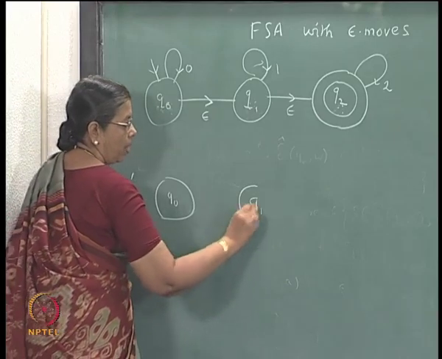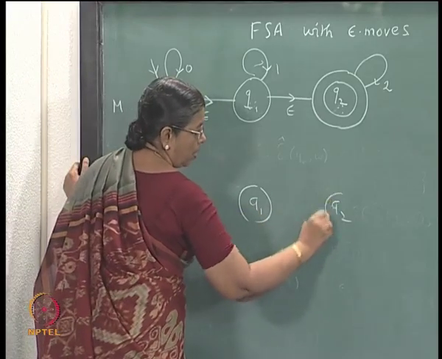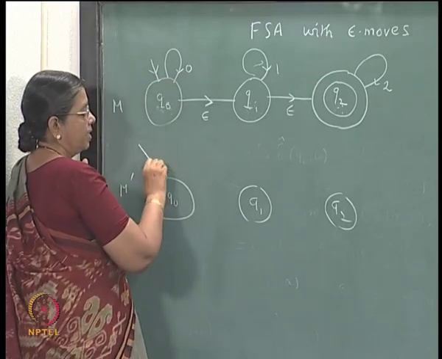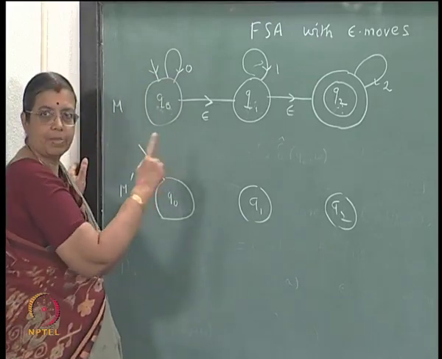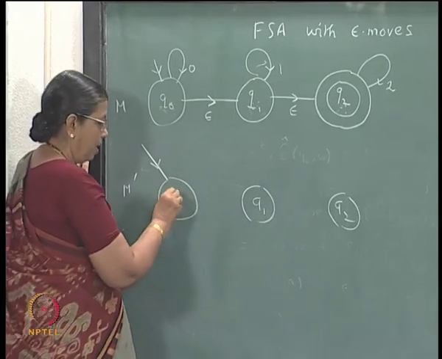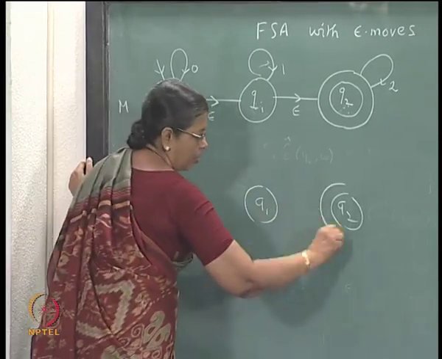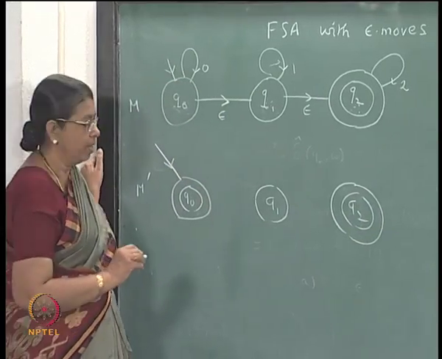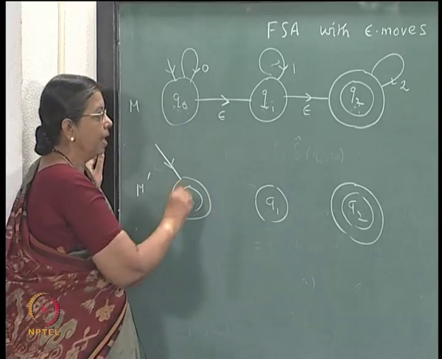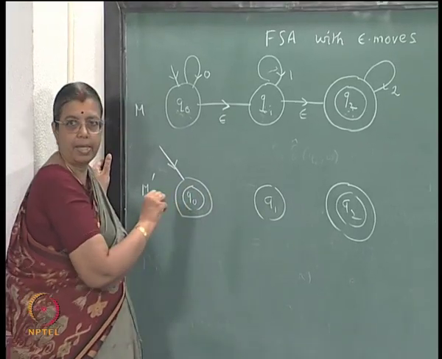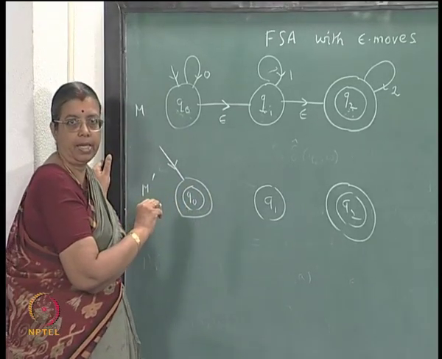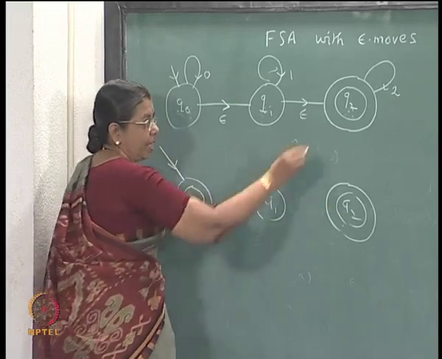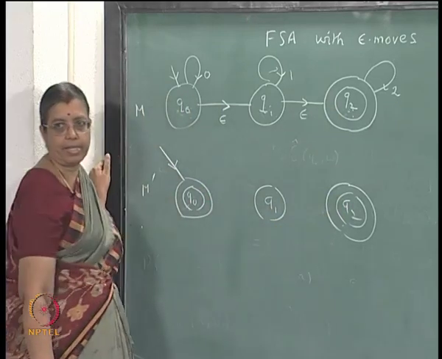Q naught, Q1, Q2. Now, this is the initial state, and because epsilon is accepted, this will be a final state and this also will be a final state. Set of states are this, because epsilon is accepted, this is made an initial state and this is a final state, this is also the initial state. This state is already a final state, right.